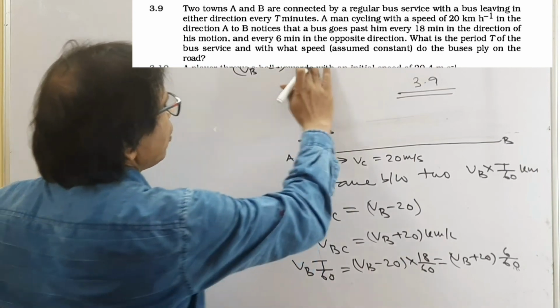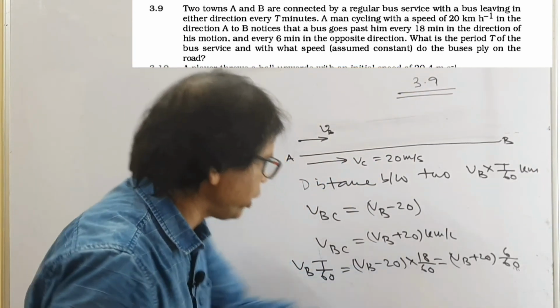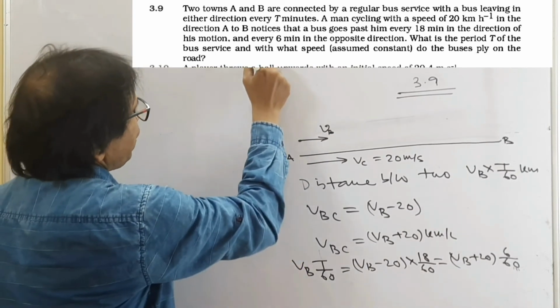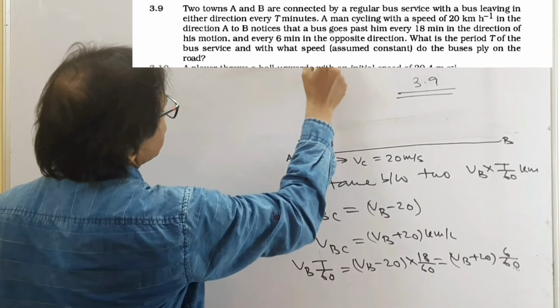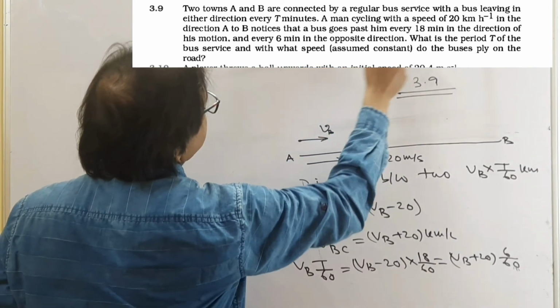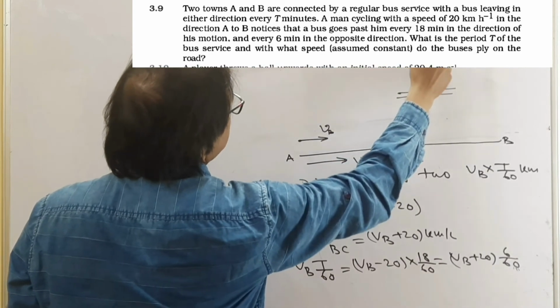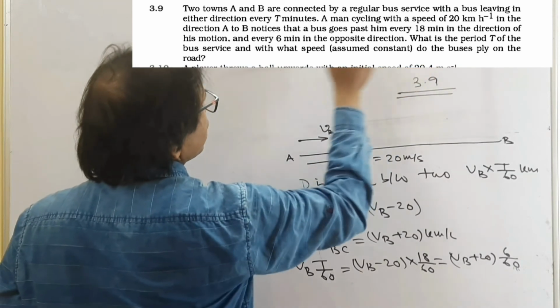Now look at, equating this term and this term, (VB minus 20) into 18 by 60 and (VB plus 20) into 6 by 60. Now this and this cancel out. Now this and this is the 3.